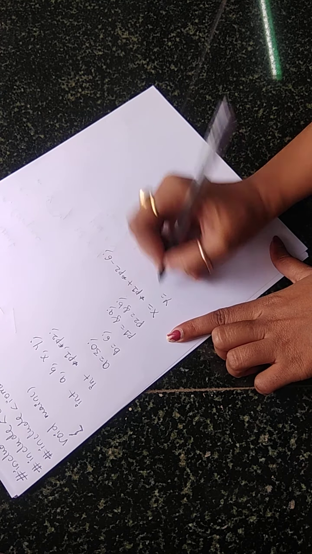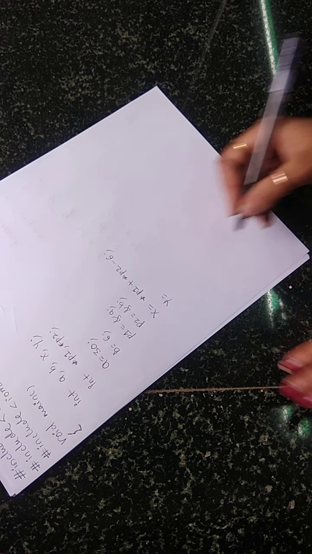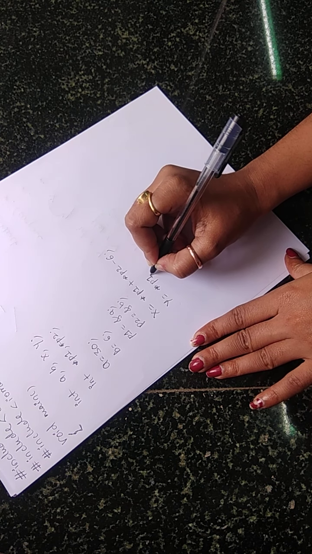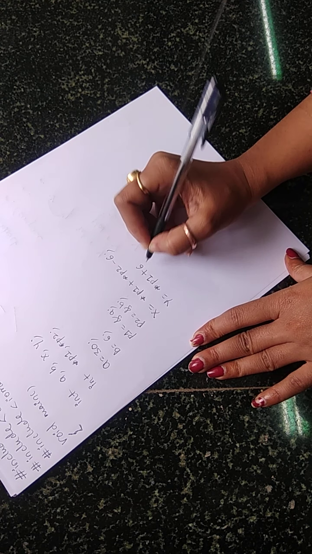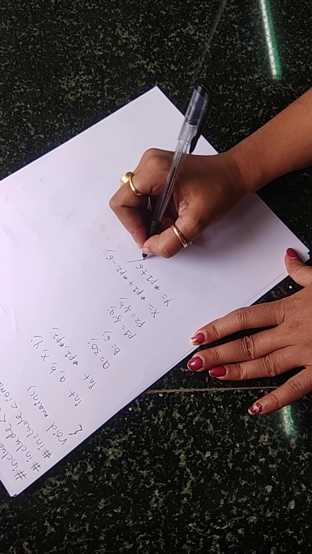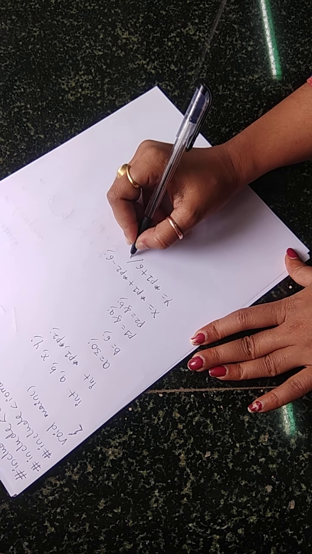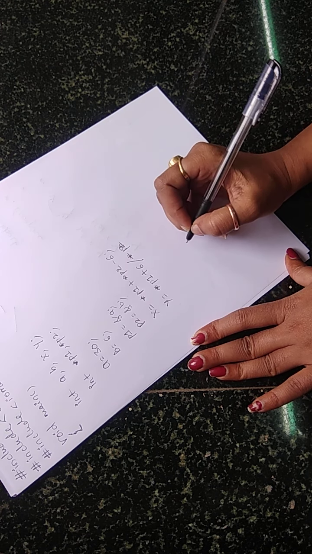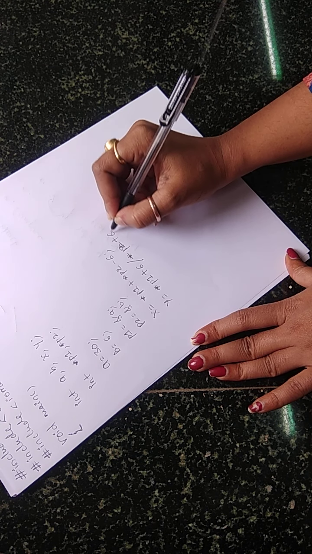Next, coming to the next variable, y equals asterisk p1 plus 6 divided by asterisk p2 plus 6.